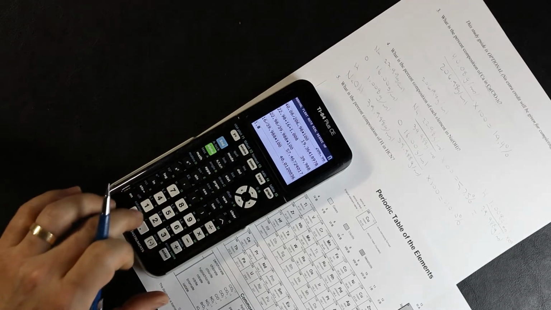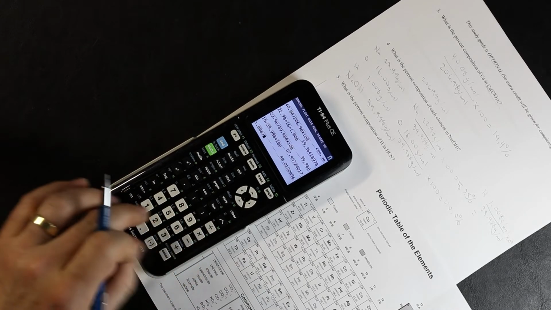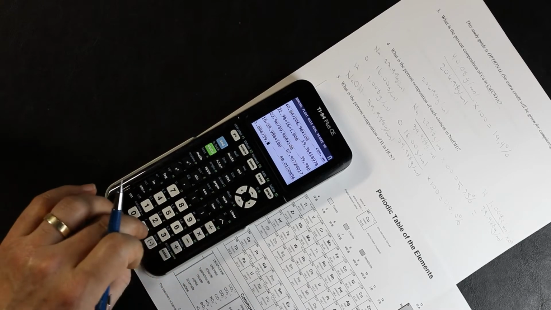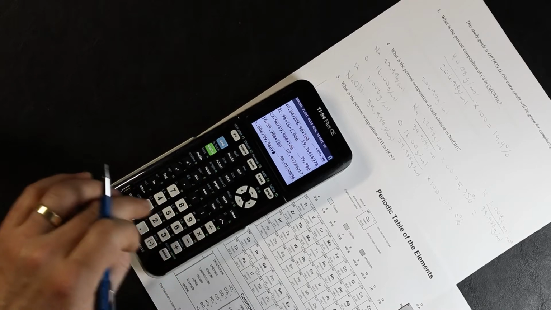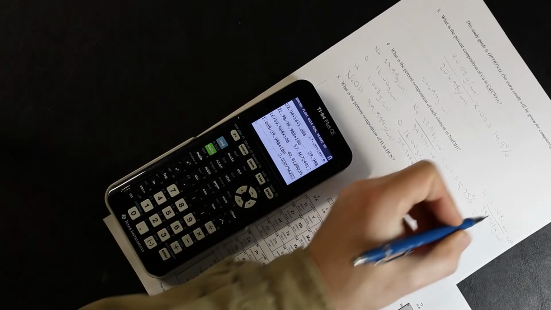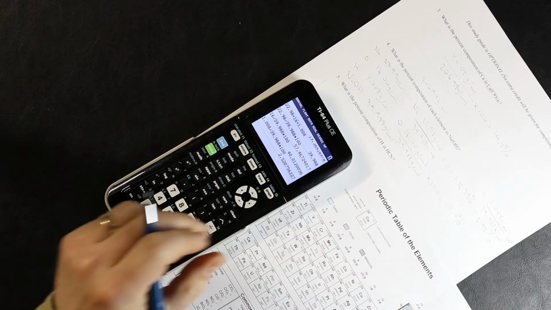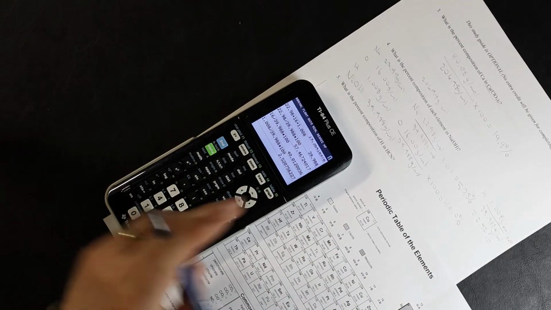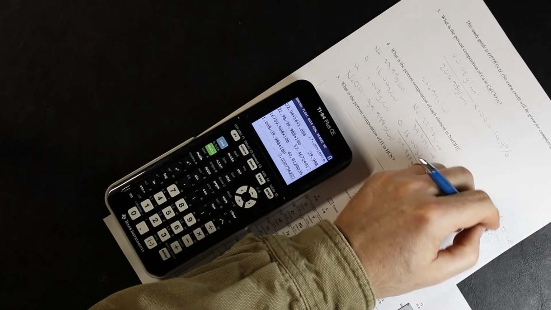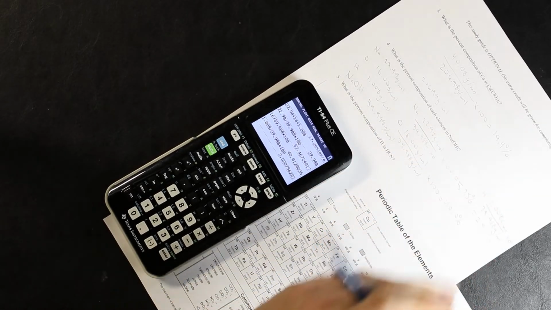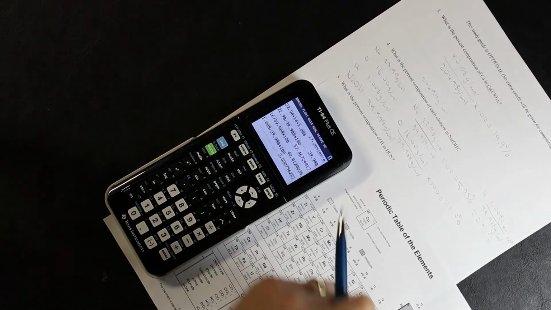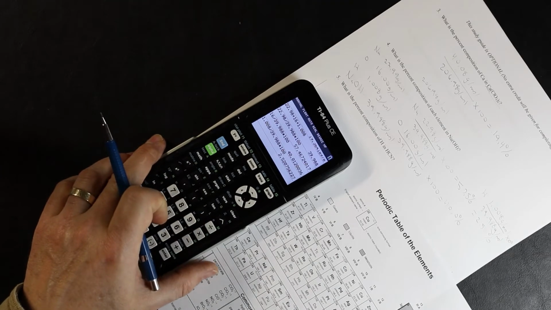And then 1.008 divided by 39.988 times 100 is 2.52%. Really, I'm going to round that, 2.5%. Okay, and then that all adds up to 100, so we're good.